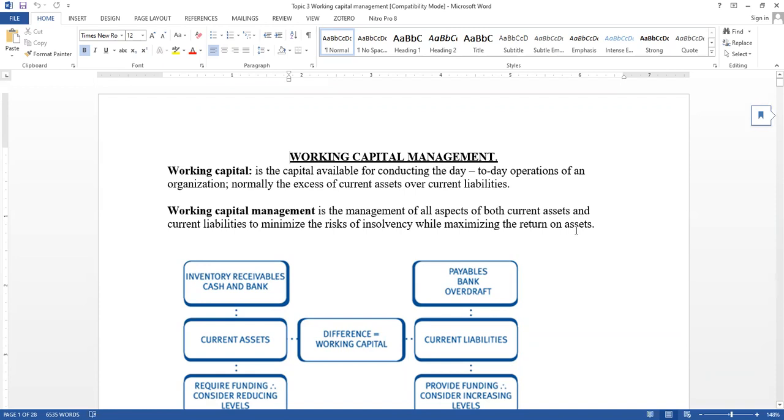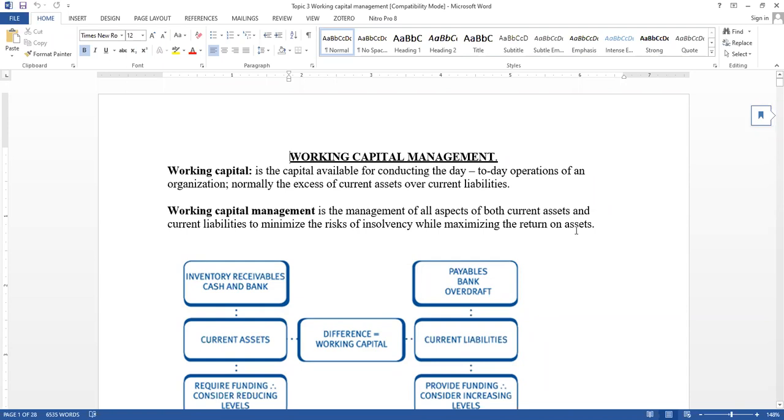This is a very key area because if any business, or even you as an individual, fail to manage your working capital needs, then however profitable your business is, you will not be able to survive because you need the funds to run your day-to-day operations.